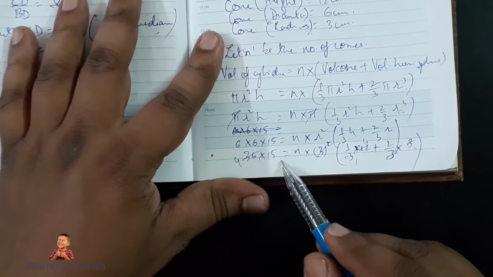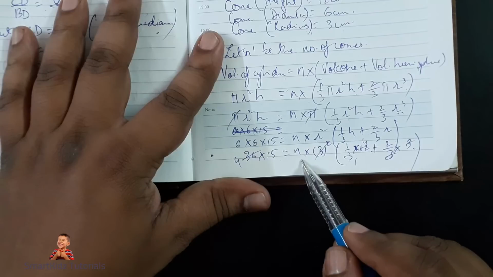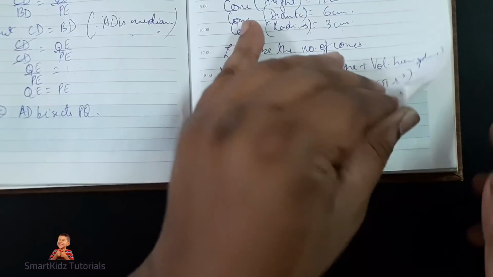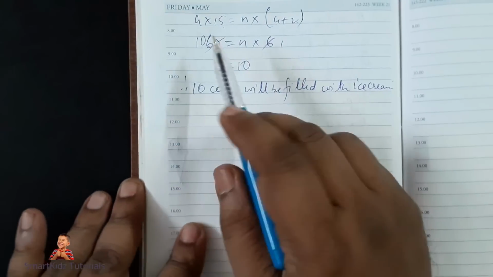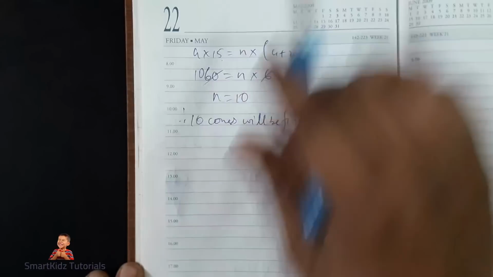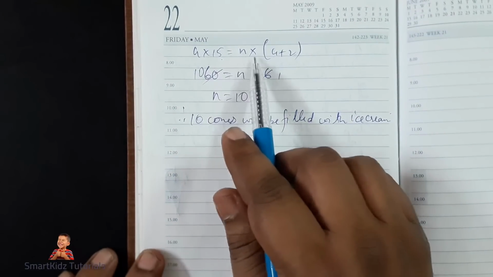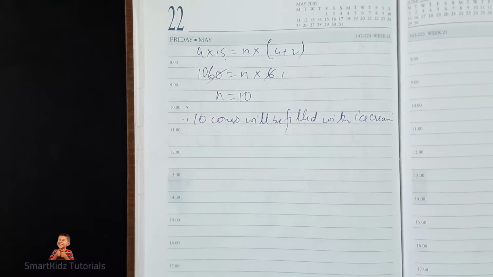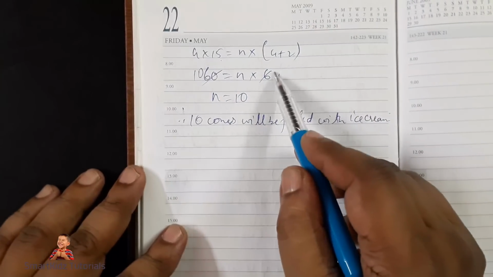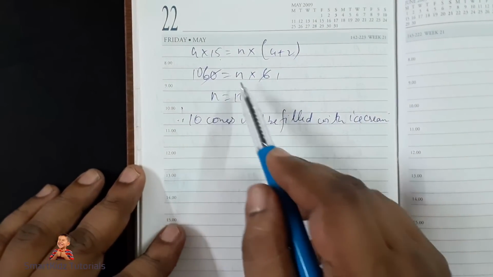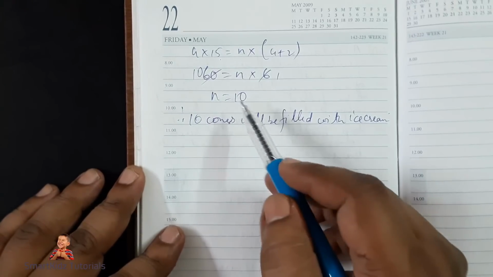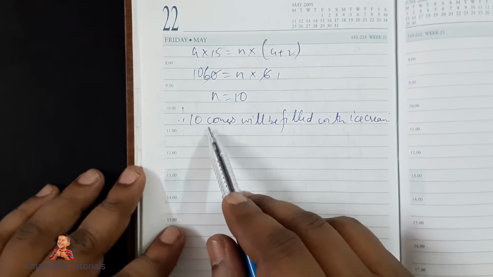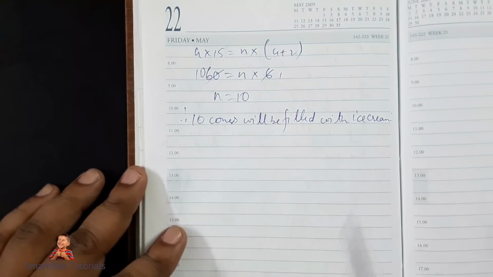So we're left with 4 into 15 over here, into n, and 4 plus 2 over here, like this. This is what we are left with: 4 into 15 equal to n into 4 plus 2. 4 plus 2 is 6. 15 into 4 is 60. 6 times 10 is 60. We get n equal to 10. And therefore, we can conclude that 10 cones will be filled with ice cream.